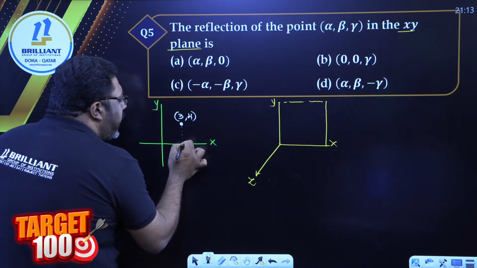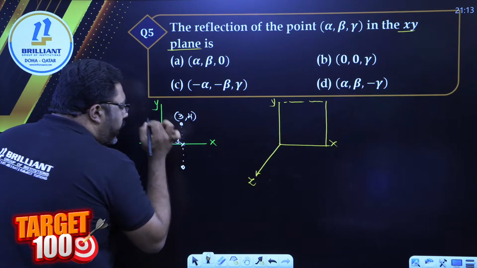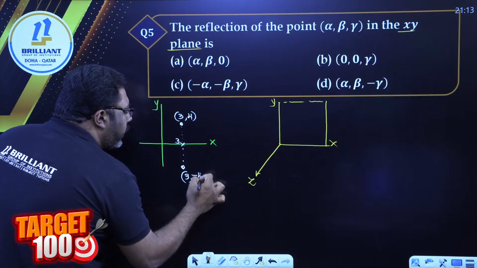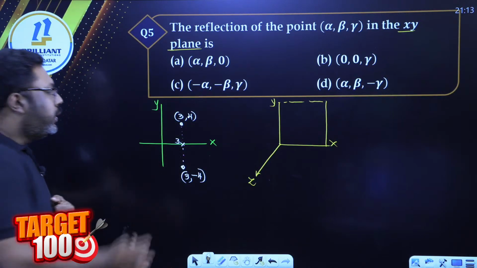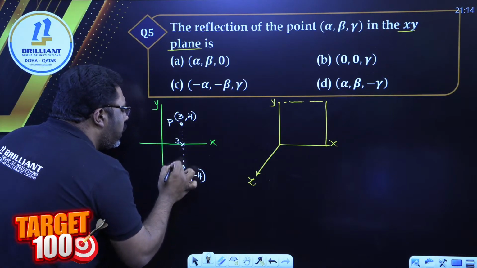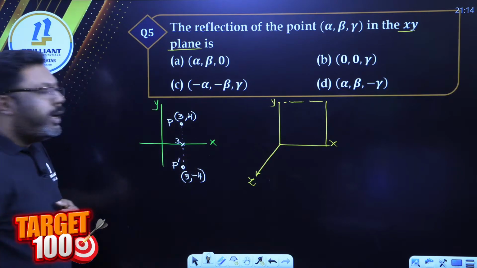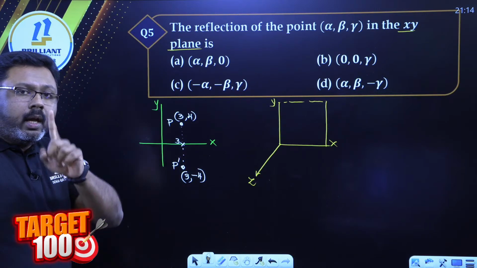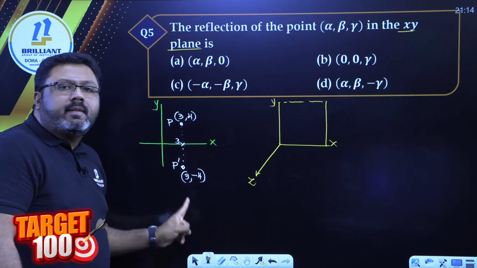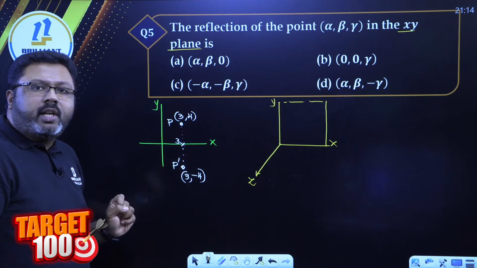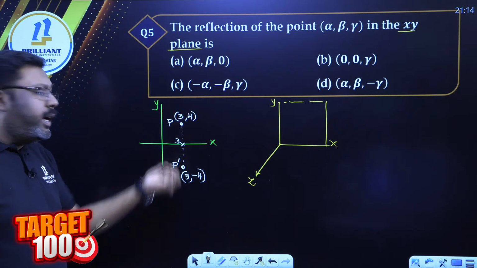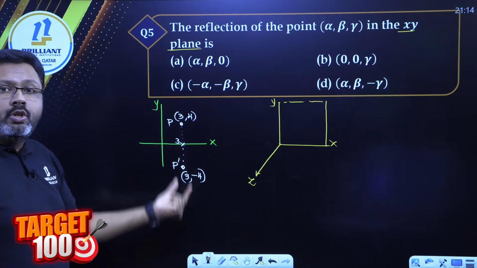But since it's made by the x-axis, the x coordinate does not change. What happened to the y coordinate? So when it's reflected by the x-axis, the x coordinate does not change, only the y coordinate changes. In 2 dimensions I explained it because you can understand it very easily.